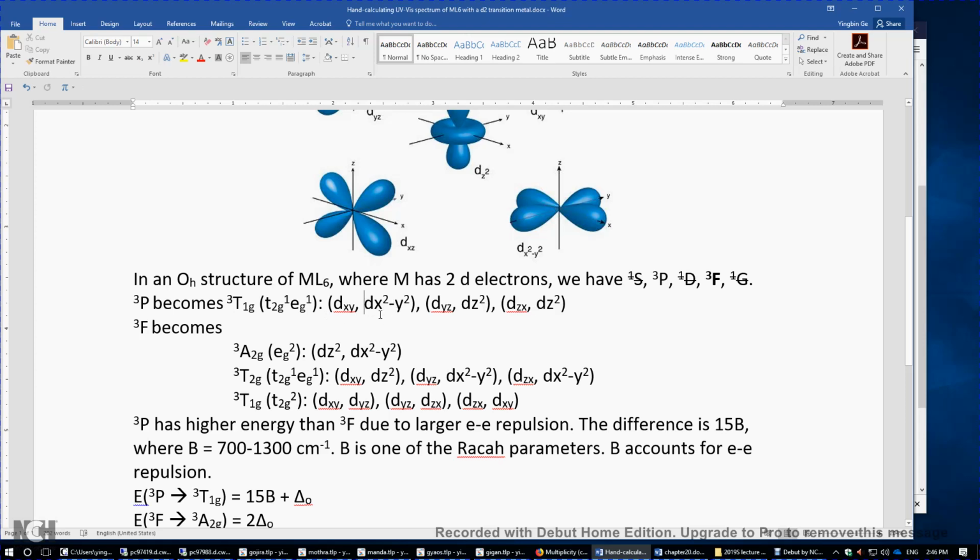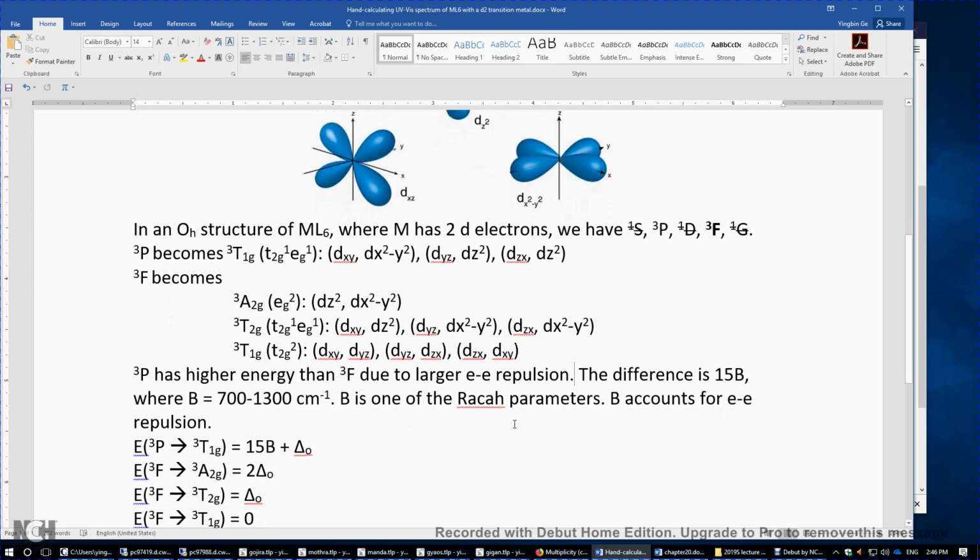Again, these 2 share the xy plane. These 2 share the yz plane. These 2 share the zx plane. Therefore, there's a larger repulsion in the 3p term. Okay, again, experimentally, we know 3p has higher energy than 3f.